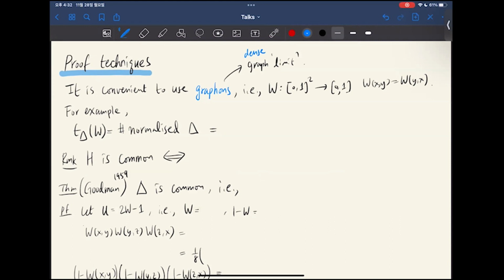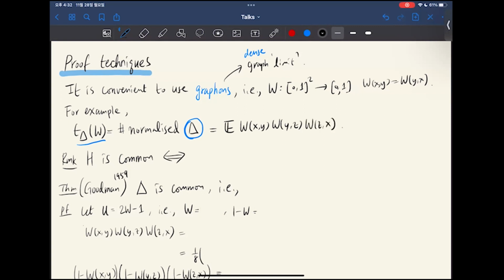Whenever your sequence of graphs is dense and you want to count a fixed graph therein. Okay, so for example, if I want to count the number of normalized triangles, I can just express it in terms of the expectation of W(x,y), W(y,z), and W(z,x).